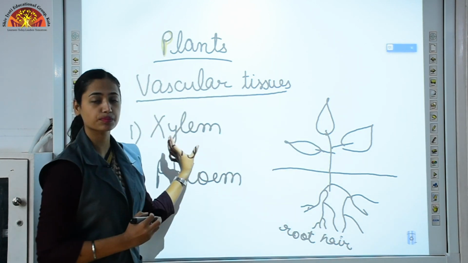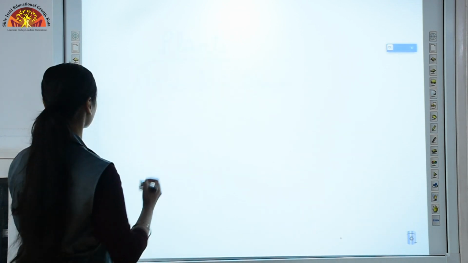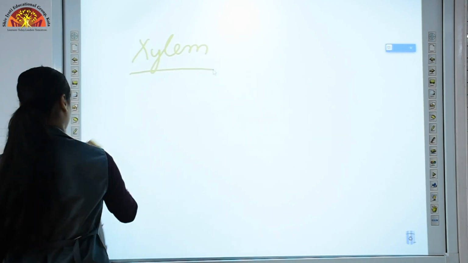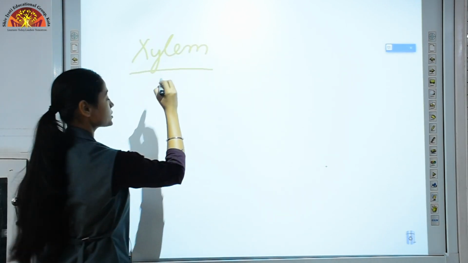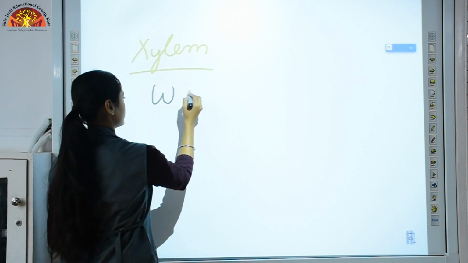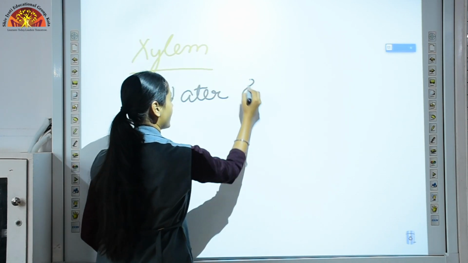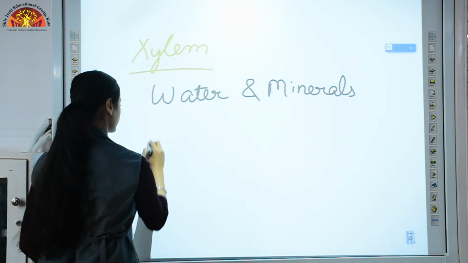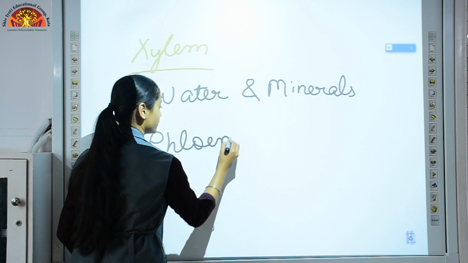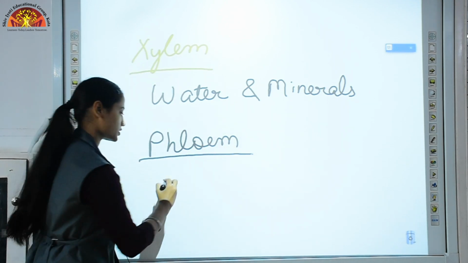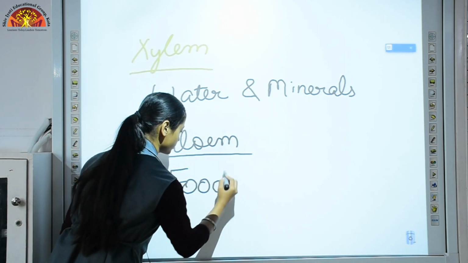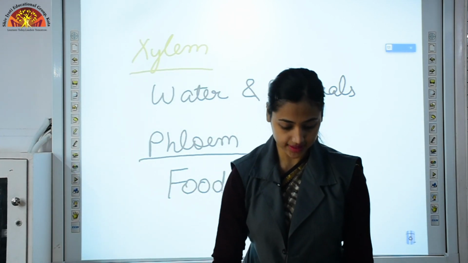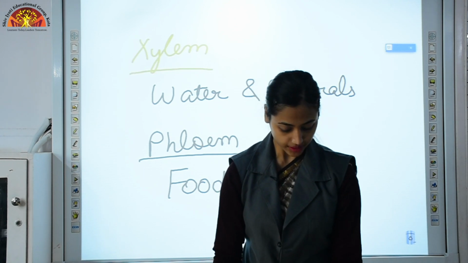So xylem is responsible for transportation of water and minerals, whereas phloem tissues are responsible for transportation of food which is manufactured by the leaves of the plant. That's it. Now the next topic is transpiration.